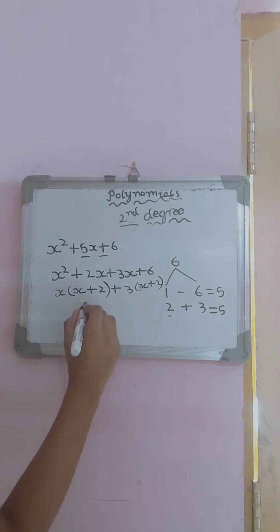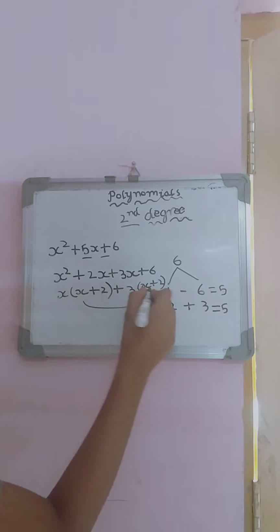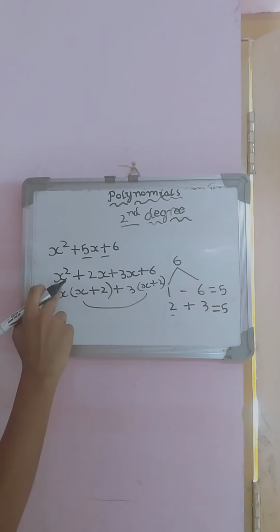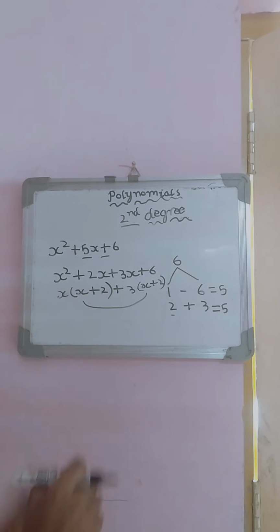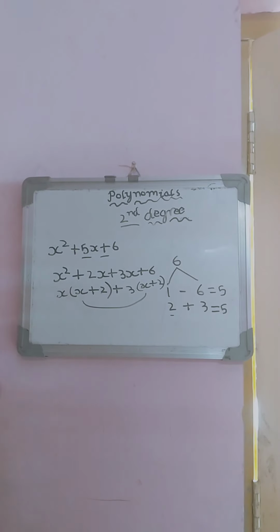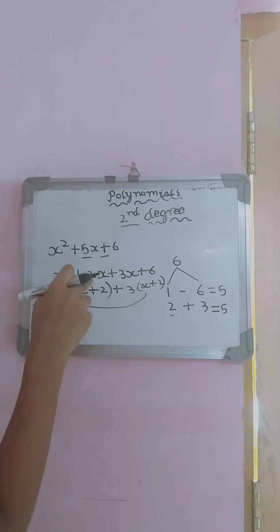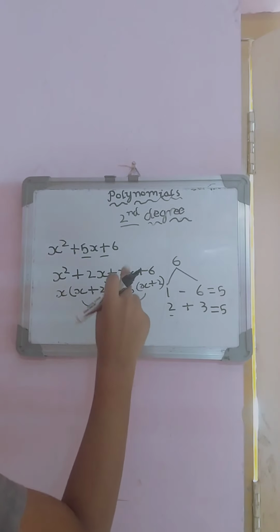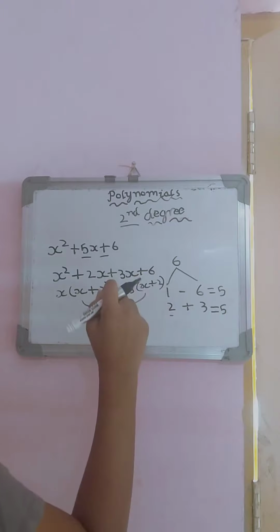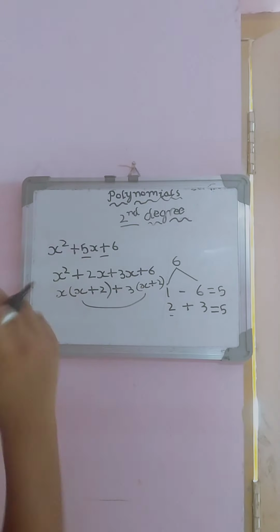Now these two, what is the common? First we should check that if we multiply these, it comes out correct: x into x, x square; x into 2, 2x, plus in the middle 3 into x, 3x, plus 3 into 2, 6.